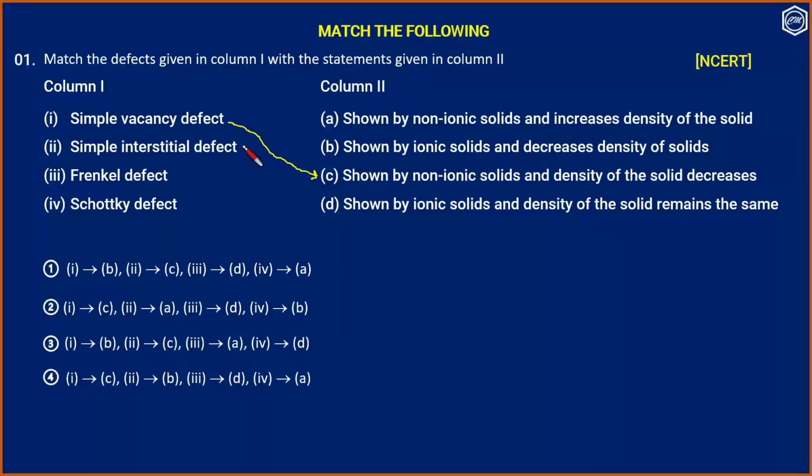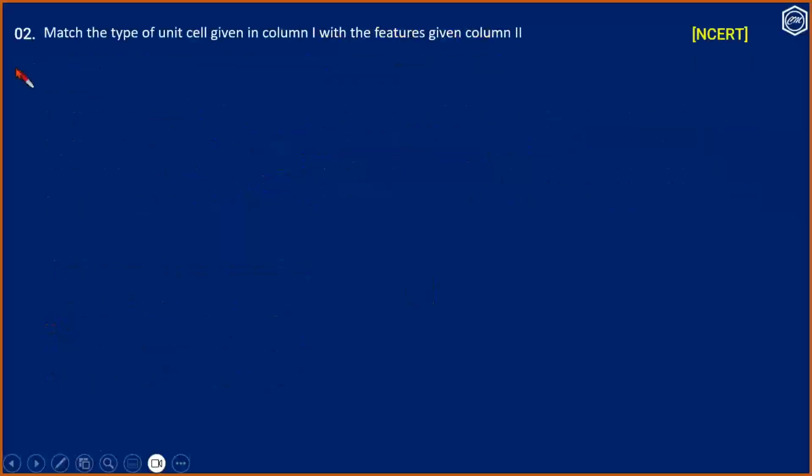So 2 with A. Then Frenkel defect is shown by ionic solids, and in a Frenkel defect the density of the solid remains the same. Similarly, Schottky defect decreases the density of the solid. Therefore, the correct option is option 2.